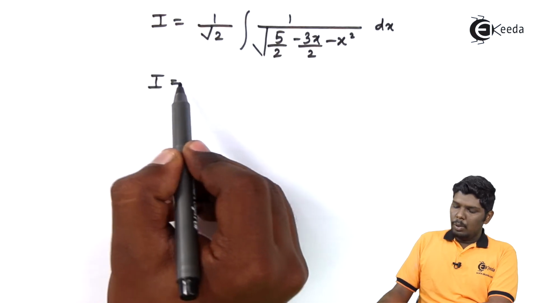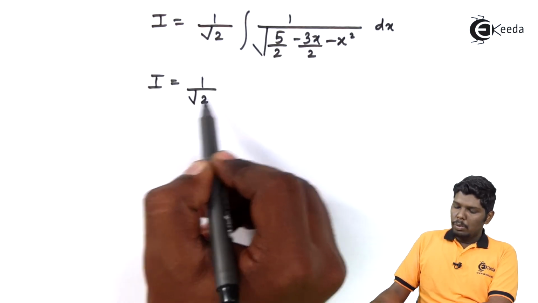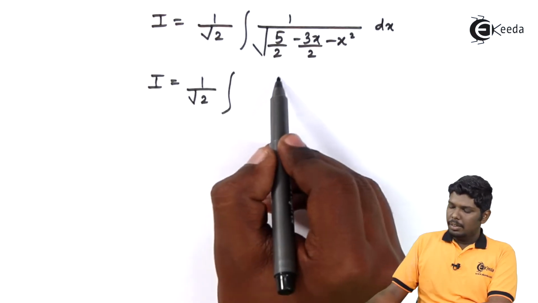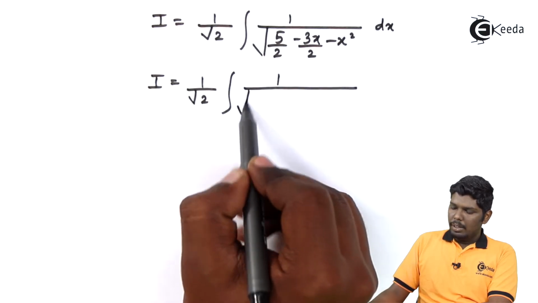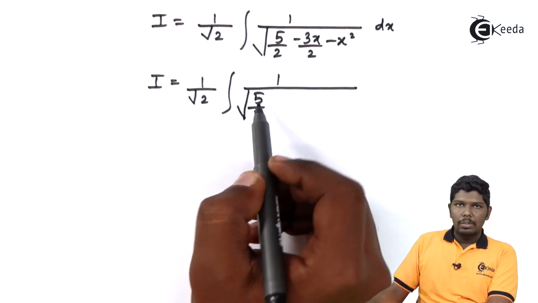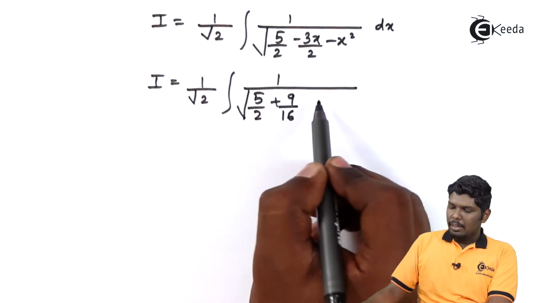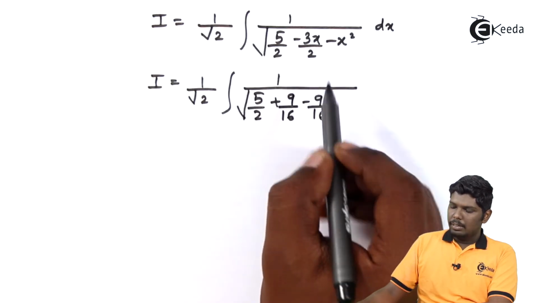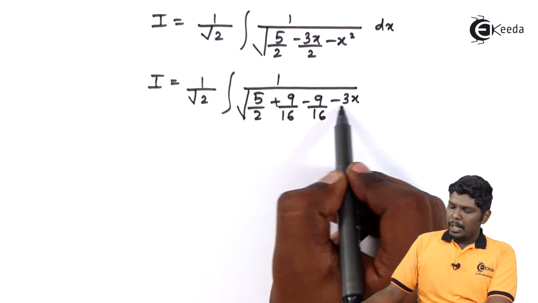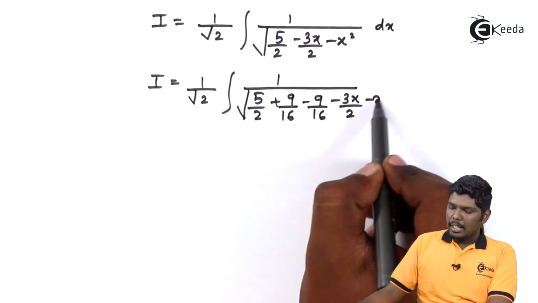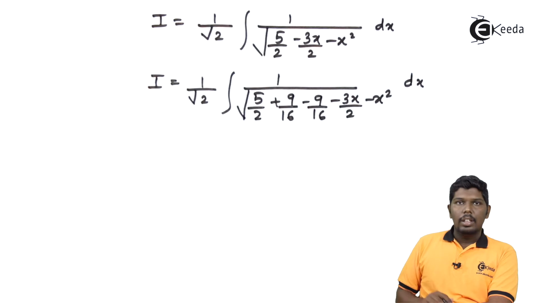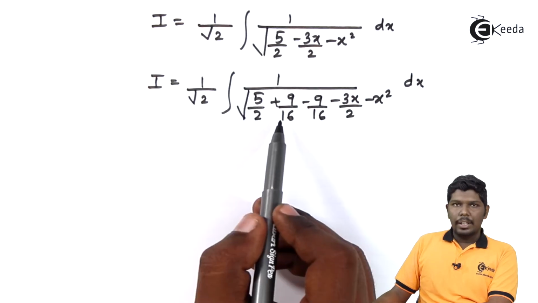Therefore, I is equal to 1 upon root 2 integral 1 upon under root 5 by 2 plus 9 by 16 minus 9 by 16 followed by minus 3x by 2 followed by minus x square dx. Now let us solve these two fractions first.